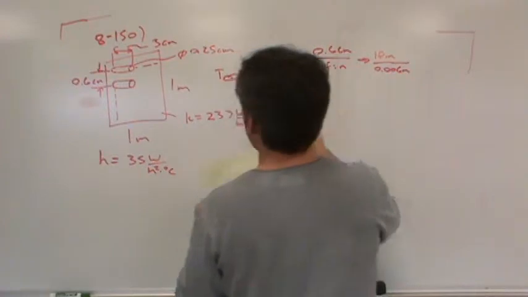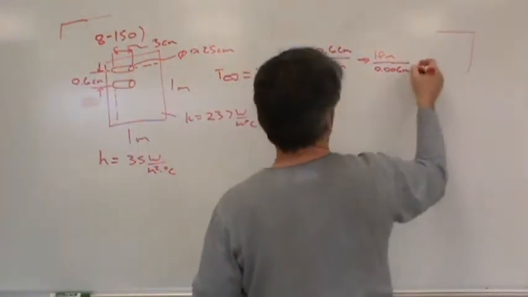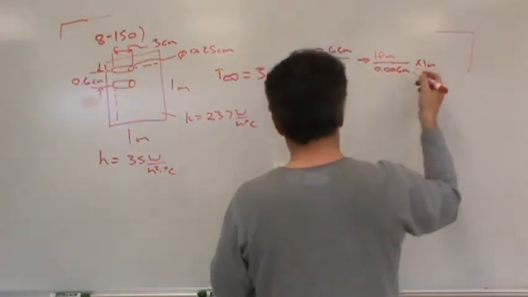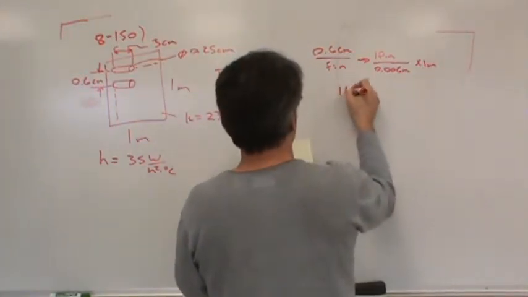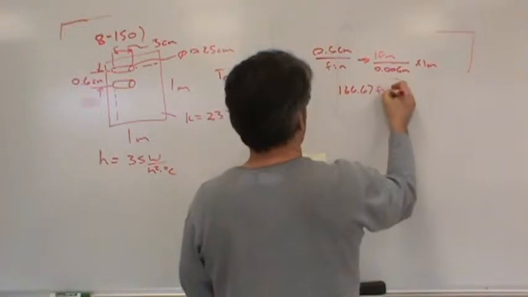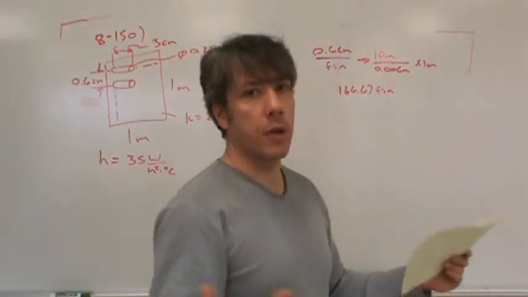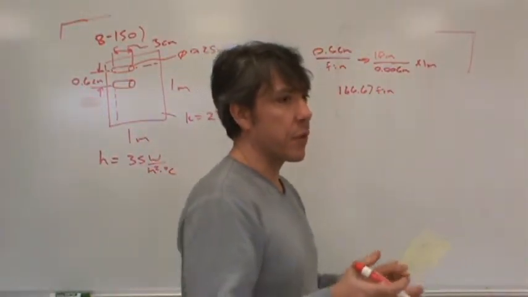And so if we have a length of 1 total meter, then along this direction we must have 166.67 fins.